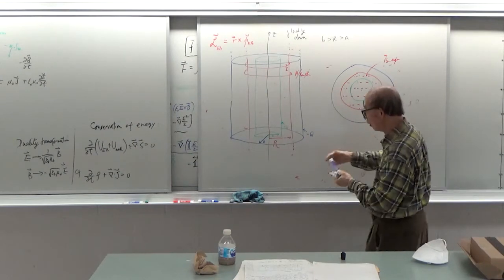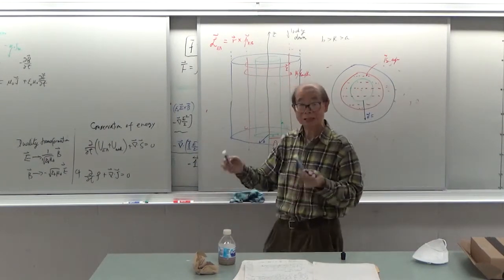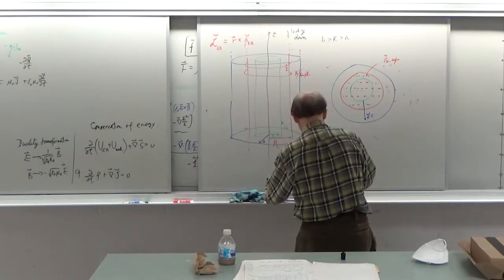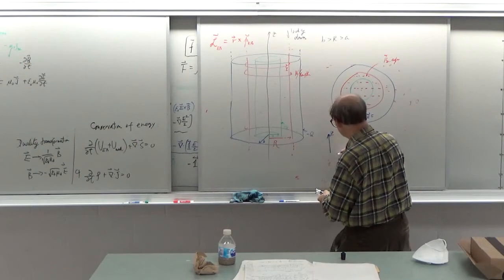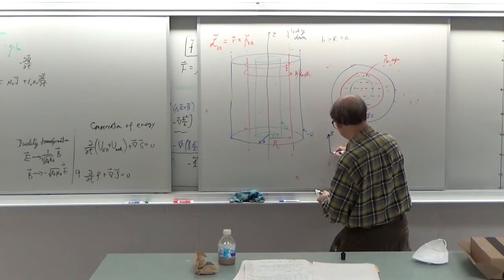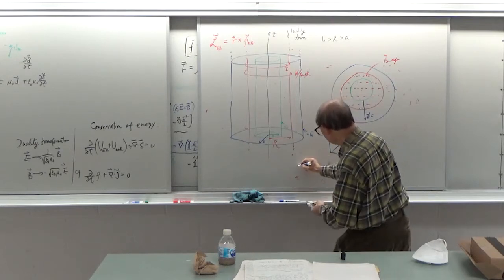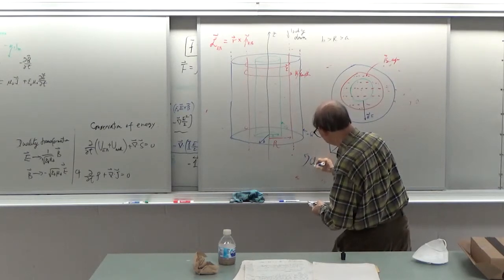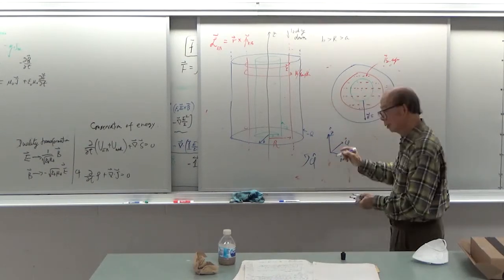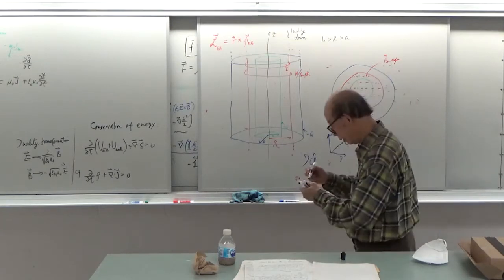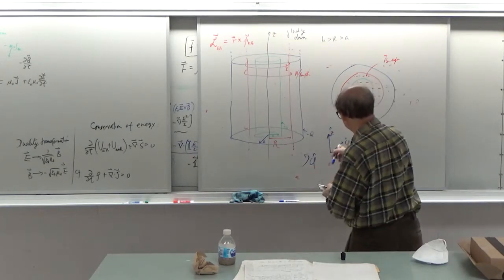And for this problem, obviously, we should use a cylindrical coordinate system. So z points up. r goes this way, radially out. And the azimuthal angle is phi. So this is phi. It's an orthogonal frame.